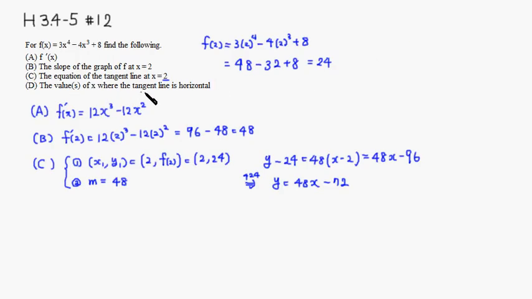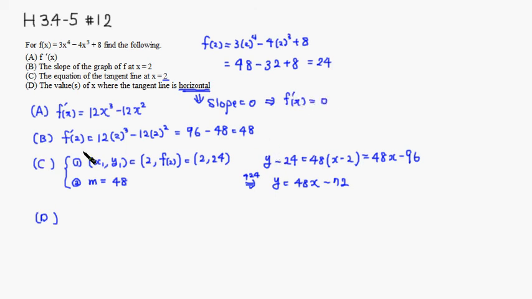And last question. Value of x where the tangent line is horizontal. So D, horizontal means that the slope is 0. If the slope is 0, it means that the derivative must be 0.